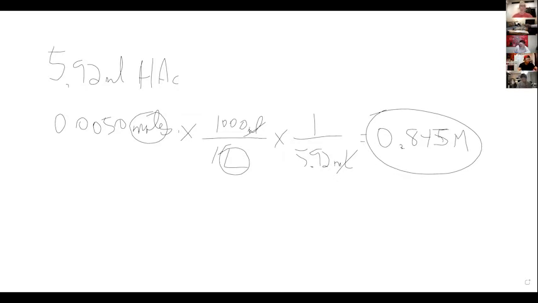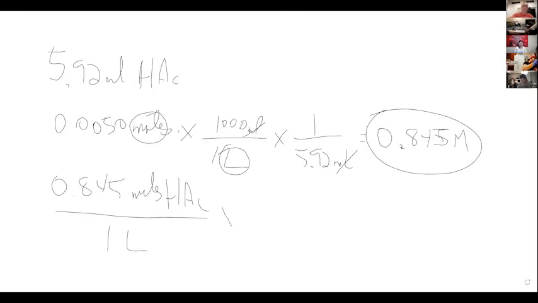How are we going to do that? Well, I have 0.845 moles of acetic acid per liter of vinegar. That's what that means, right?